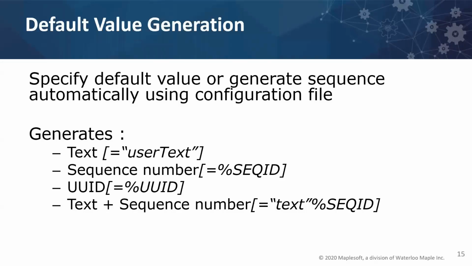And for sequence ID, if you are working, for example, with requirements or other features where you need to include some sequence of IDs, if you use this, the ID will be automatically generated. You can also use a combination of text and sequence number or some unique identifiers. This unique identifier is separate from the ID that you see in the modeling tool. Again, all this is to reduce the effort of the front-end user.